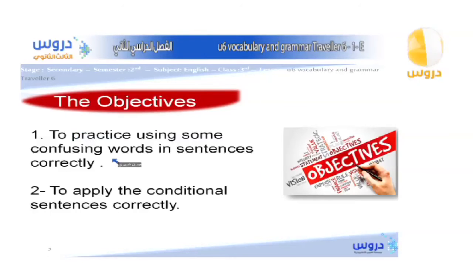Number one, to practice using some confusing words in sentences correctly, and also to apply the conditional sentences correctly. We are going to know what the meaning of conditional sentences is and how to use them.